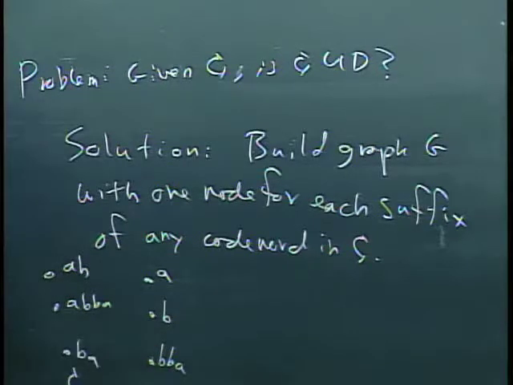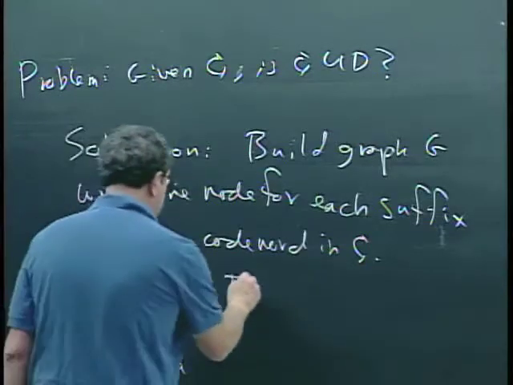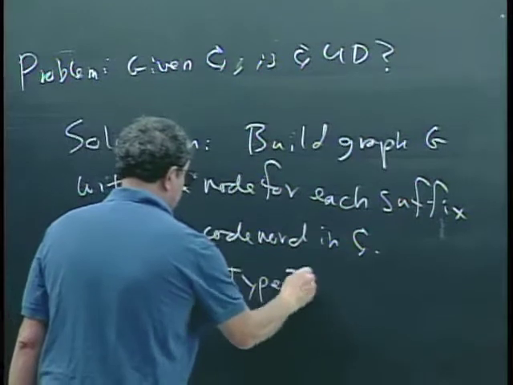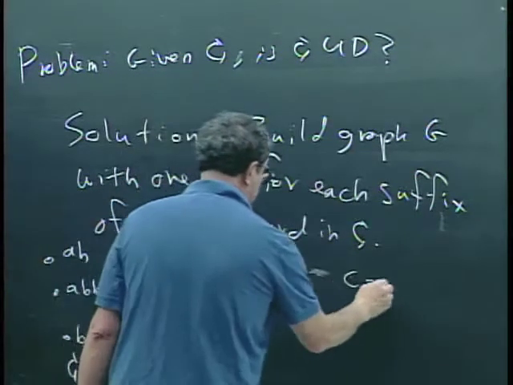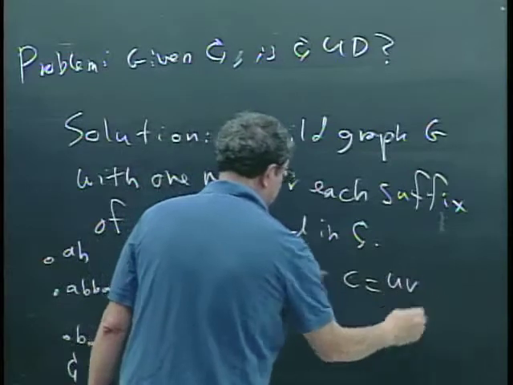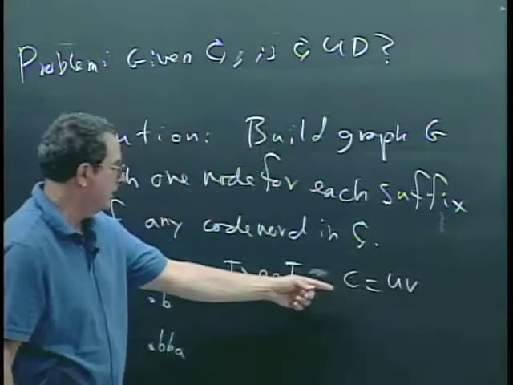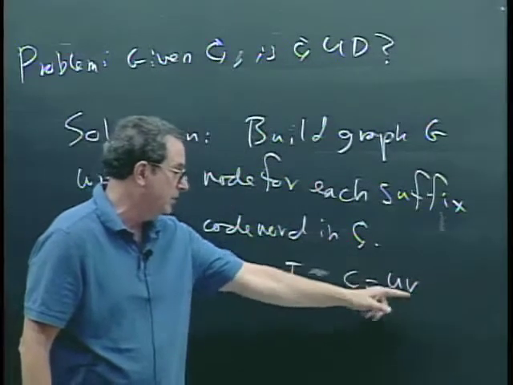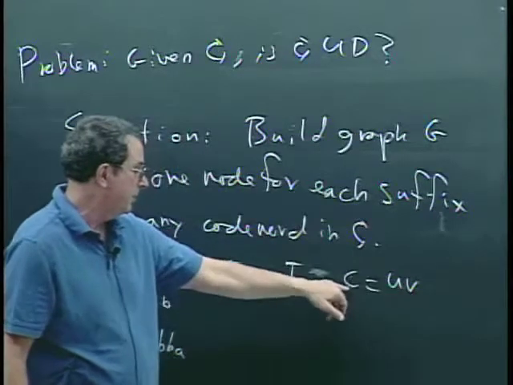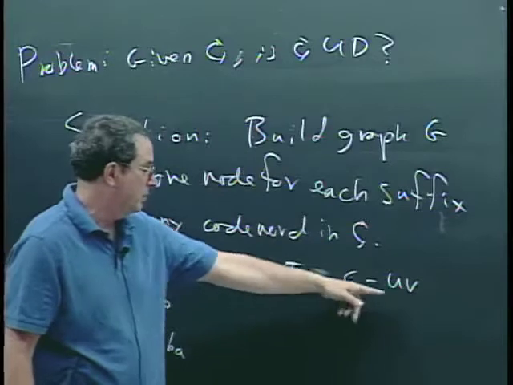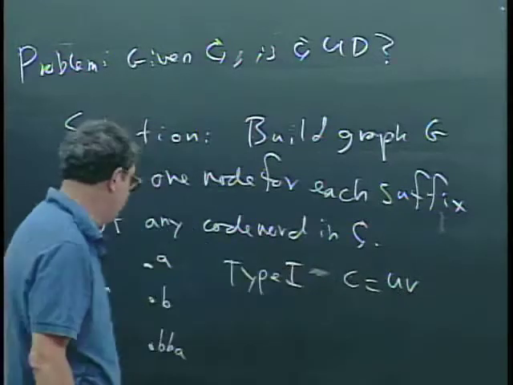code words. And then we had edges of two types. Okay, we had type 1, where C is equal to UV. The edges from U to V, where U and V both represent suffixes, if you have a code word C equal to UV. Okay?